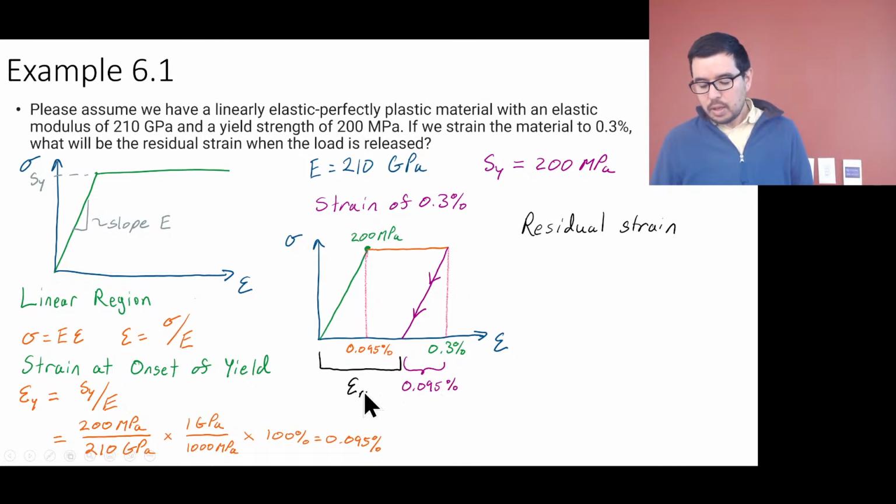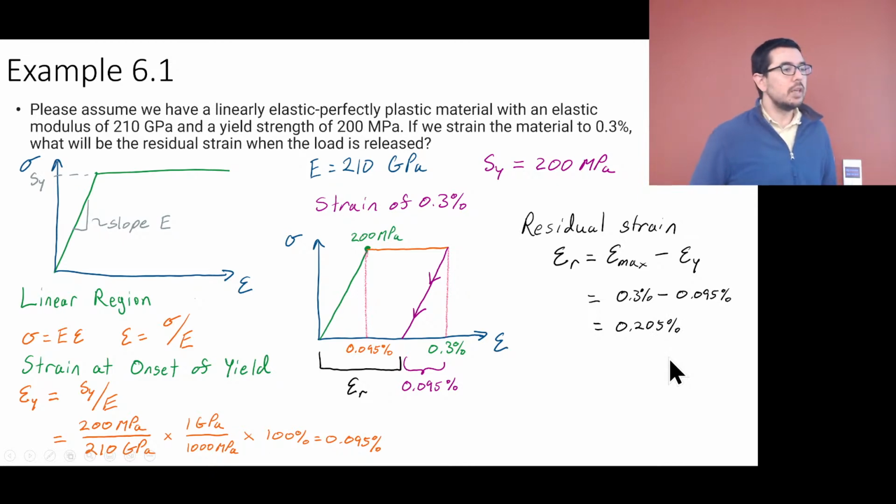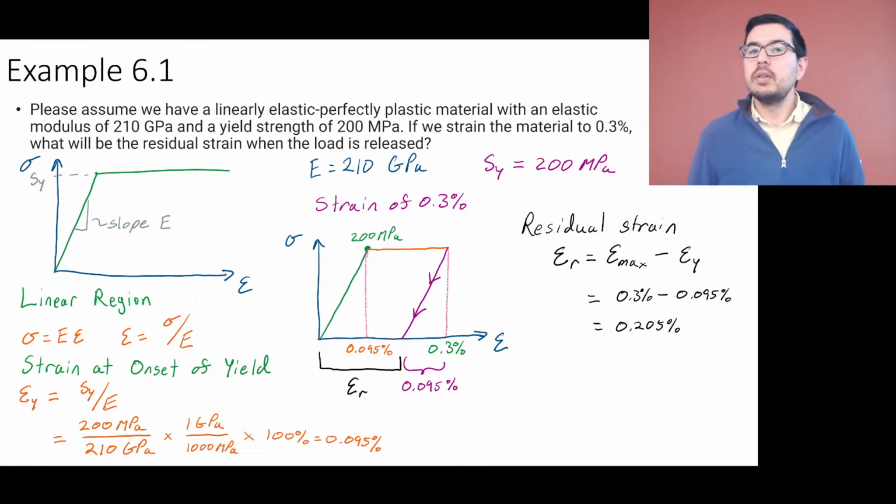So epsilon r is just going to be this max strain minus this strain associated with the onset of yield. So we have our residual strain is equal to epsilon max minus the strain associated with the onset of yield, and we get the answer of about 0.2 or 0.21%.